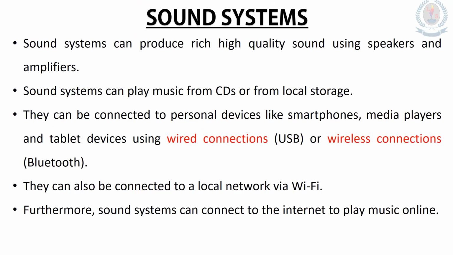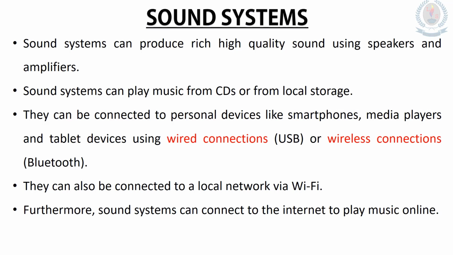The next digital device type is sound system. Sound systems can produce loud, rich sound using high quality speakers and amplifiers. Some speakers contain built-in amplifiers. Normally, sound systems can play music from CDs or from local storage.